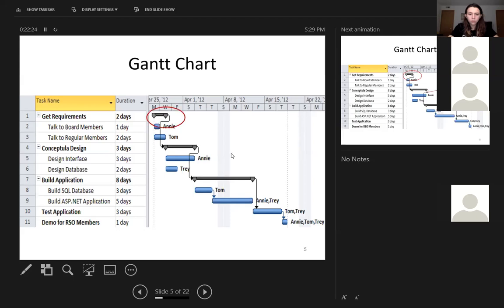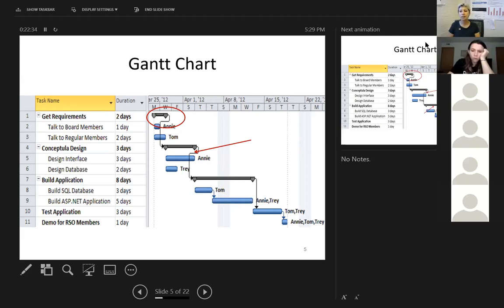The arrows show dependencies. So what has to wait for other things to be completed? The most common form of dependency is finish to start dependency. Exactly what's shown here. This phase has to be completed before this one can start.